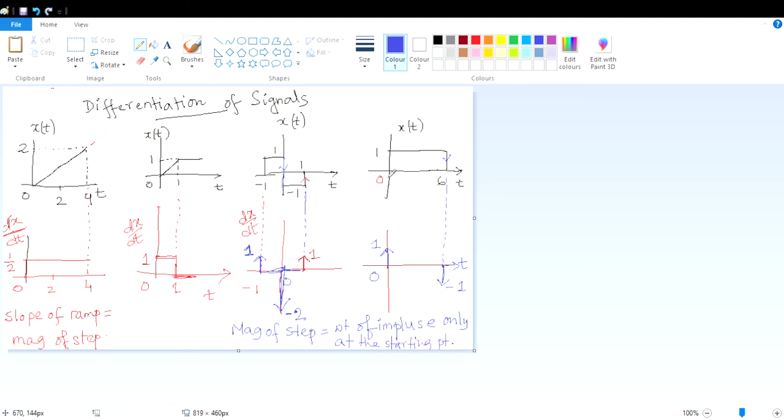That means if the step exists, we only take the change factor, that is where the step has changed value from one level to another level. So we only take the impulse at the starting point.